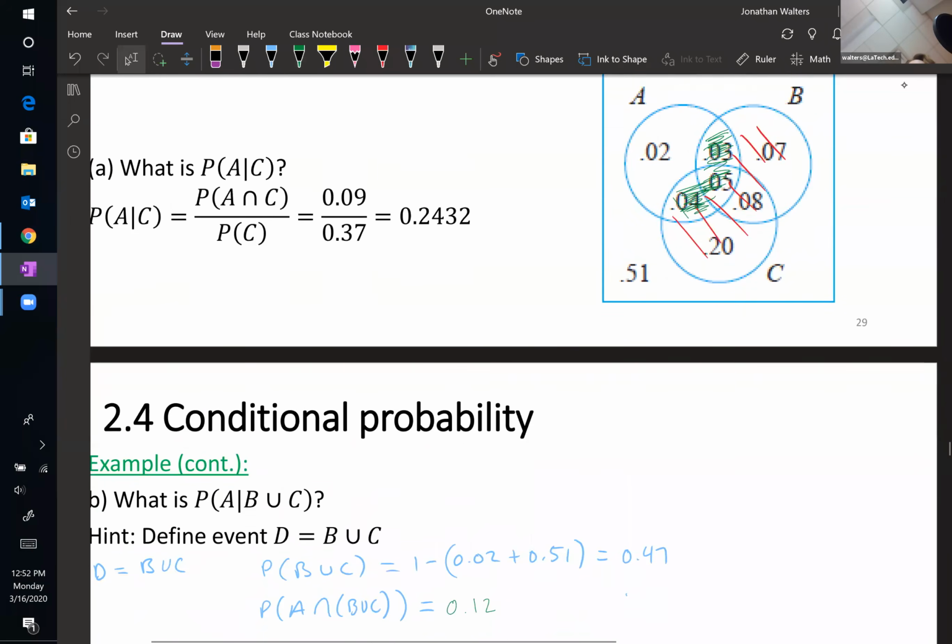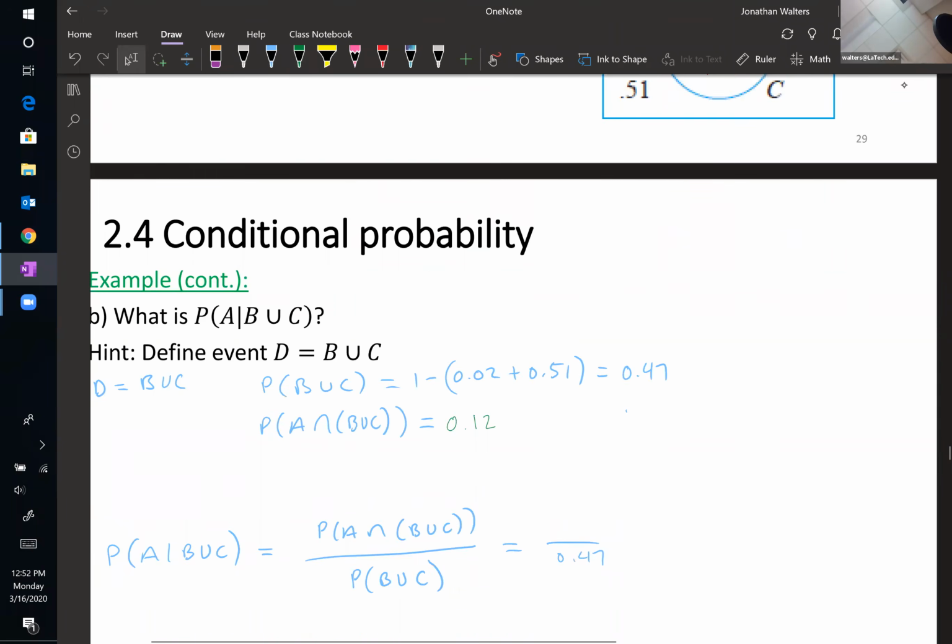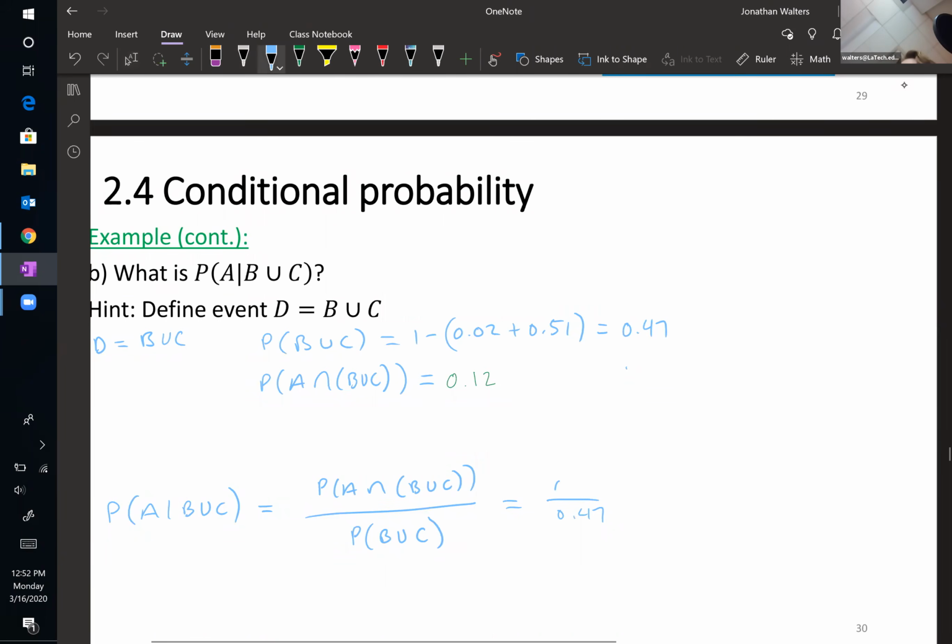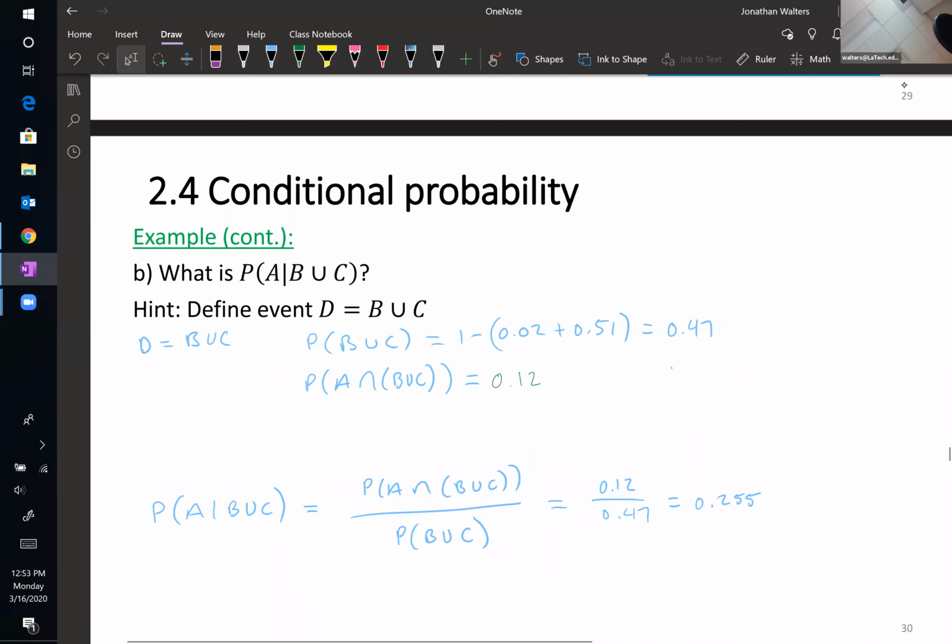And just add those three probabilities together, we get 0.12. So the numerator is going to be 0.12. That fraction turns out to be 0.255. So that is probability of A given B union C.